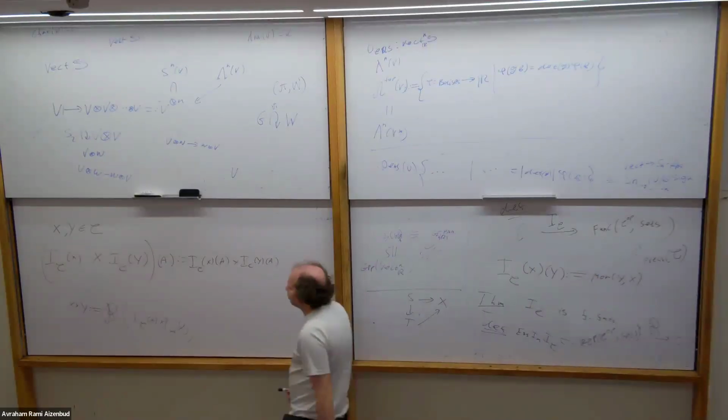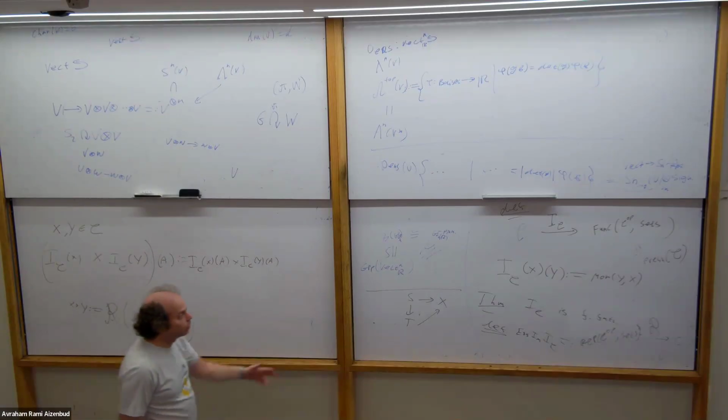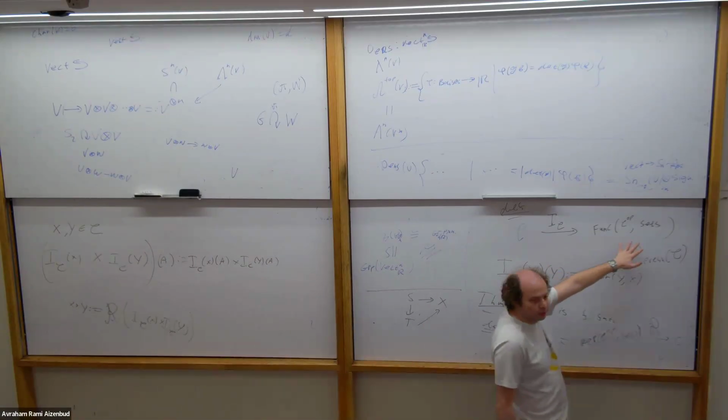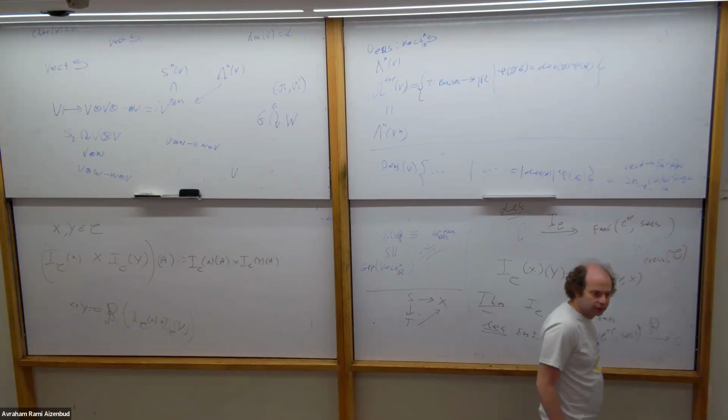So you can ask the same for any limit. You have a limit of some diagram of objects. You apply the Yoneda functor to this diagram. You get a diagram of functors. And you can take the limit of the diagram. So here, this category has all limits because you just apply the limits on the sets.